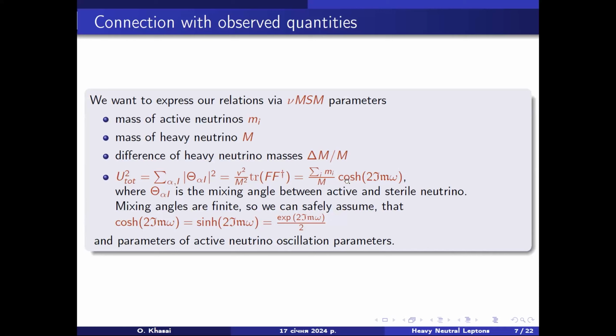Looking at this formula, we can conclude that because the difference between the masses of active neutrinos and sterile neutrinos is extremely huge, and because mixing angles between active and sterile neutrinos are finite, this quantity, hyperbolic cosine, is extremely large, and we can conclude that in general we can use the approximation that hyperbolic cosine equals hyperbolic sine. And later in our work we used this approximation.